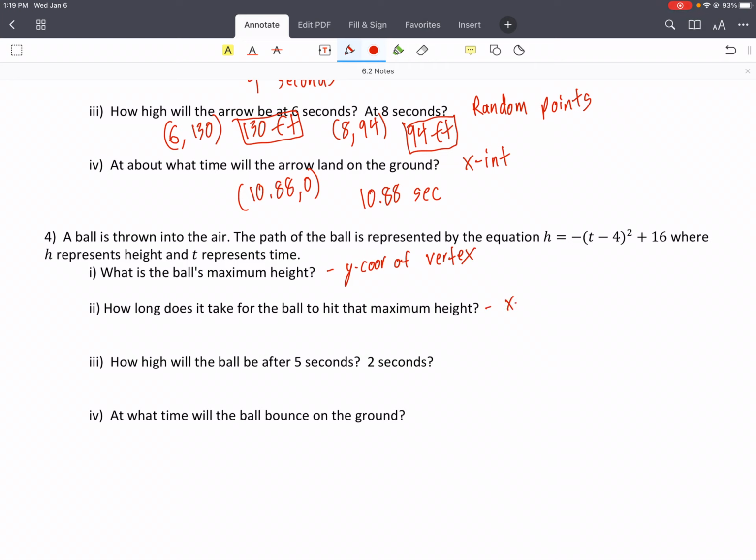That's the x coordinate. How high will the ball be after 5 seconds and 2 seconds? Those are random points. Then at what time will the ball bounce on the ground? That again is our x-intercept. So go ahead, see if you can figure those guys out.